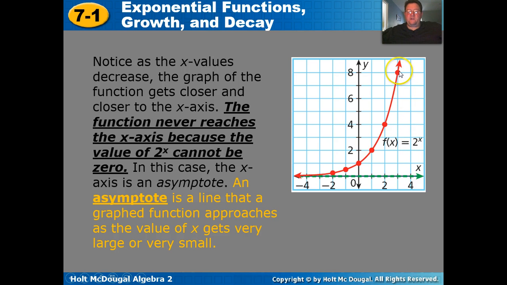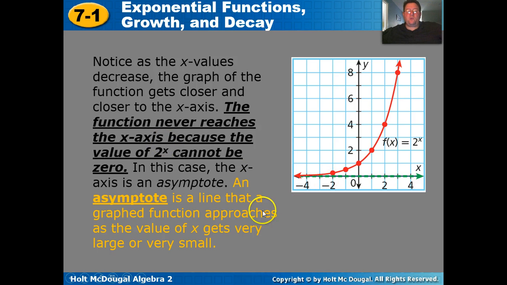Now let's look at this going backwards. Notice my red line, as my x gets smaller, my graph approaches the x-axis. It's getting closer and closer to 0. But the value of 2 to the x power will never equal 0.